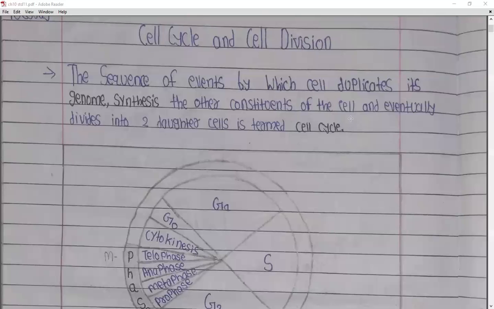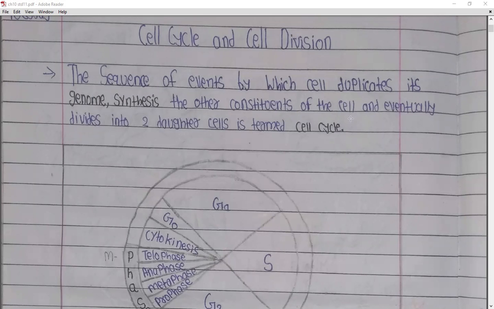So in this chapter, you are going to study the cell cycle and how cell division takes place, right? The sequence of events by which the cell duplicates its genome and synthesizes the other constituents of the cell and eventually divides into two daughter cells is known as the cell cycle. So this is the definition of the cell cycle, it is a sequence, right? The sequence of events by which the cell duplicates.